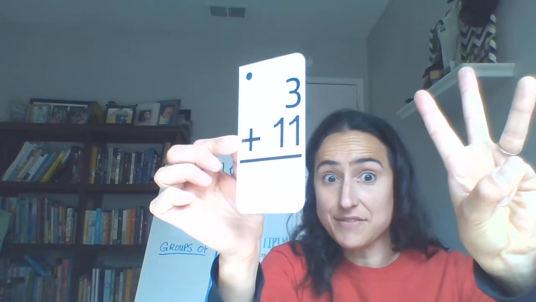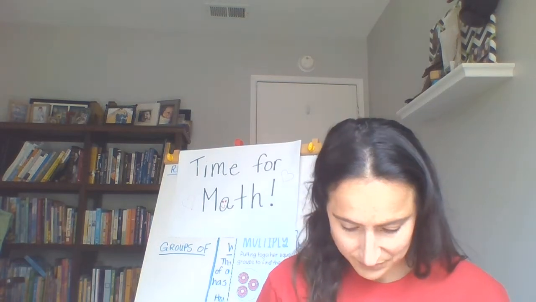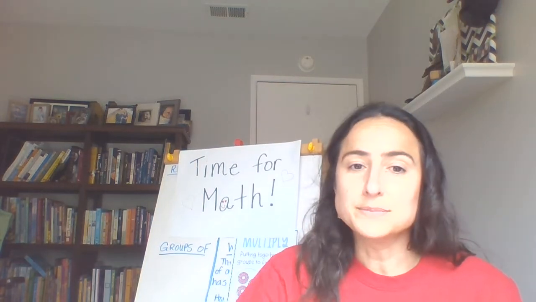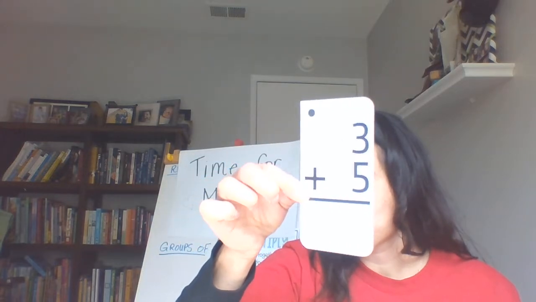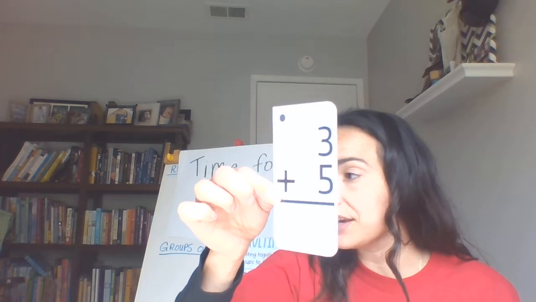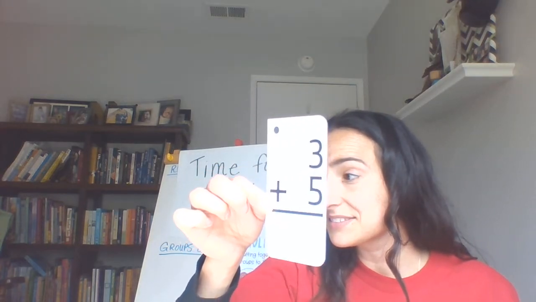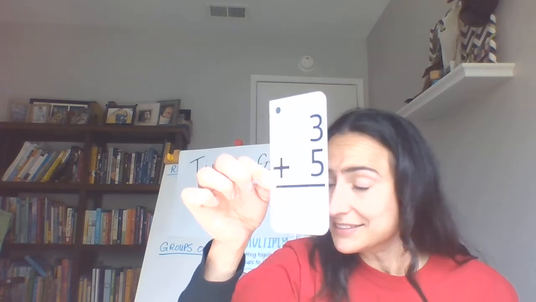Thank you. So 11 in my head, 12, 13, 14. Good. 3 plus 5 equals. Start with the bigger number and add the 3. 9. Try it again. 8.